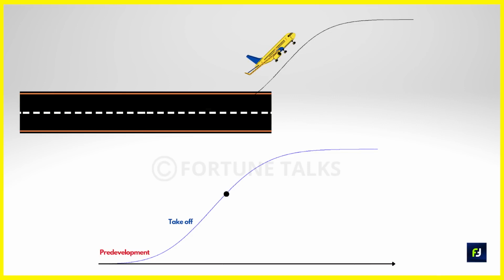This analogy can be used to represent the third stage of the curve, where the delta values accelerate the maximum and move so quickly. And finally, after reaching the desired height, the plane will stabilize and cruise at a particular speed. Analogous to this, the final stage of the delta acceleration curve is stabilization, where the delta gets capped at a high constant value, which is 1 for call options and -1 for put options.